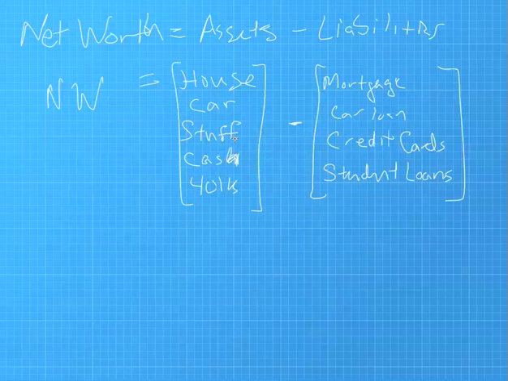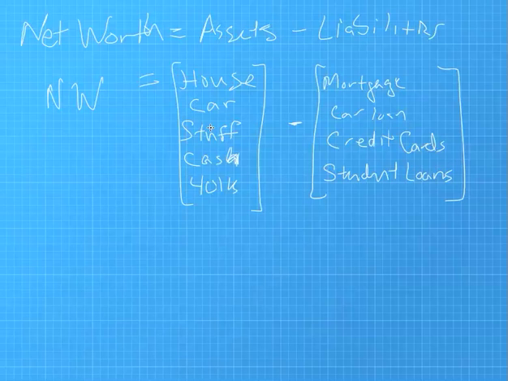And this is an important equation in obtaining and building wealth: decreasing your liabilities, paying off your mortgage, your loans, your credit cards, and increasing the value of things like your house, your car, your stuff, savings, cash, 401k, and any other types of assets, maybe rental property or a business that you own. And that's how you would increase your net worth.